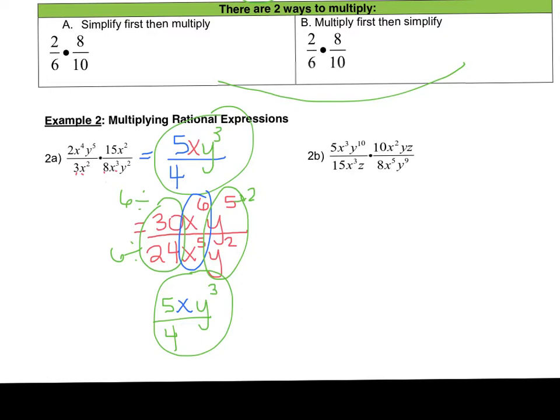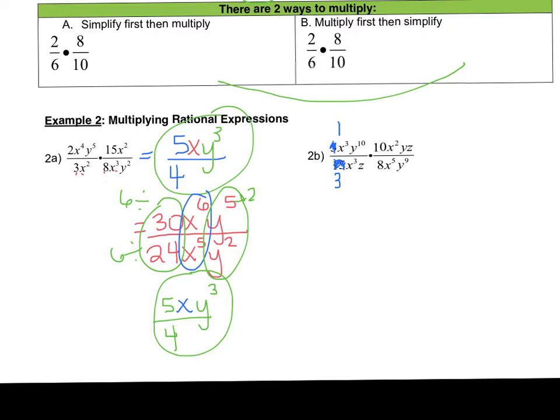I'll do it both ways in letter B now as well. So first I'm going to simplify. So I'm going to look at all the numbers and figure out what I can reduce. It looks like I can reduce the 5 and 15. The 5 will cancel out to a 1. The 15 will cancel out to a 3.